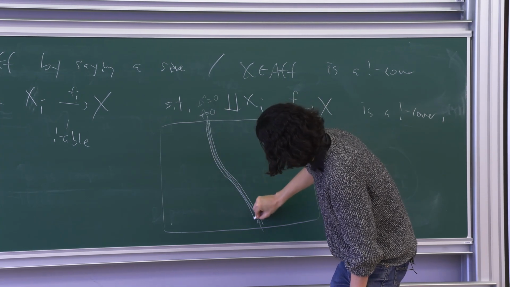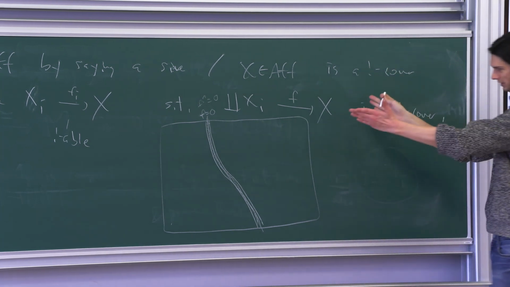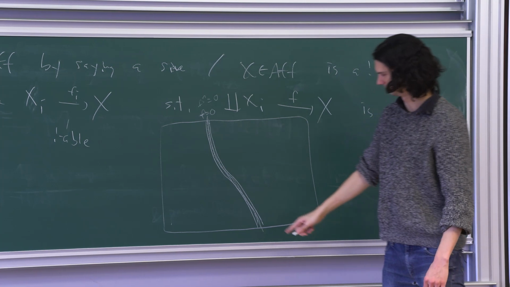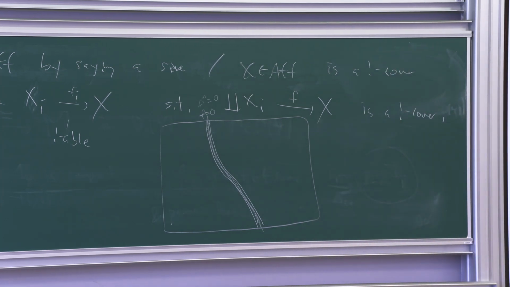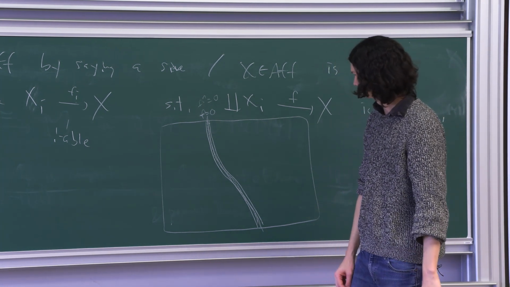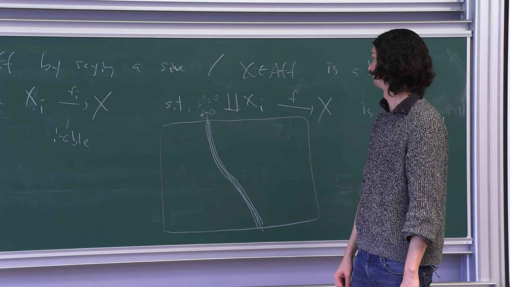So it should really be a closed subset, and then the usual formal neighborhood is the open complement. That's the picture I would like to suggest.